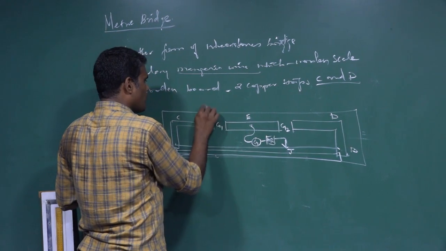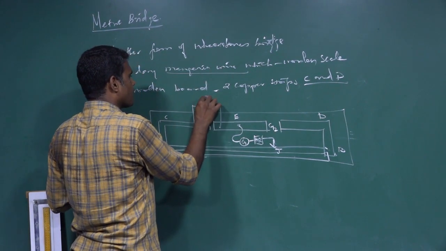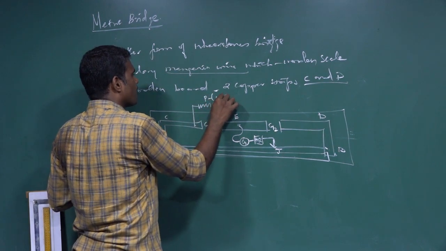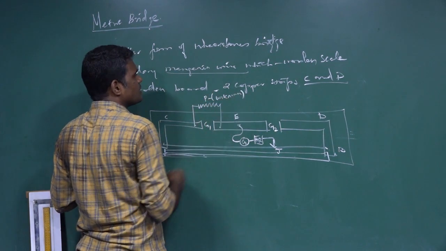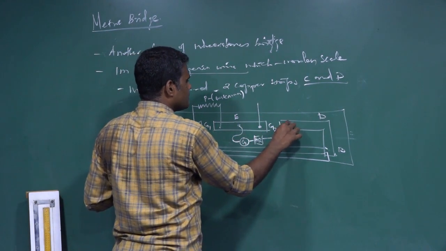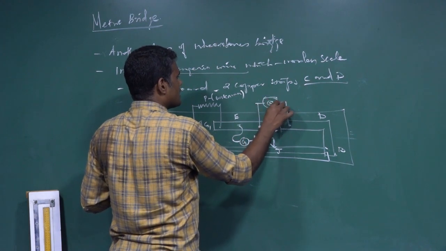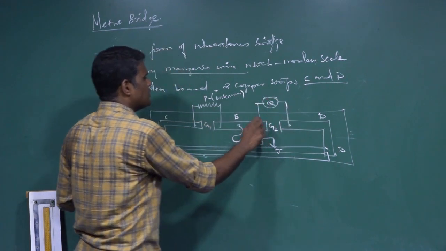Across the gap G1, we are going to connect an unknown resistance, let us say P. P is unknown. An unknown resistance P is connected across the gap G1, and a known resistance or a standard resistance Q is connected across the gap G2.